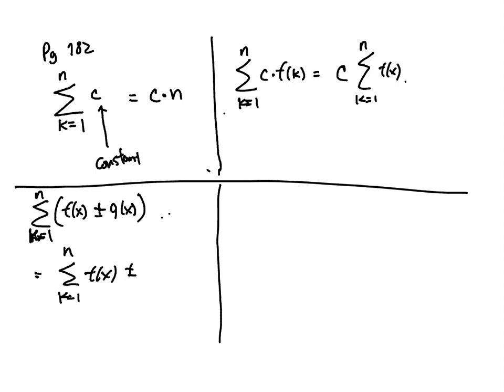So you can write it as two separate summation notations. Okay. So how's this gonna help us with our problem? Well, let's take the problem we just did for example. Let's work on it.